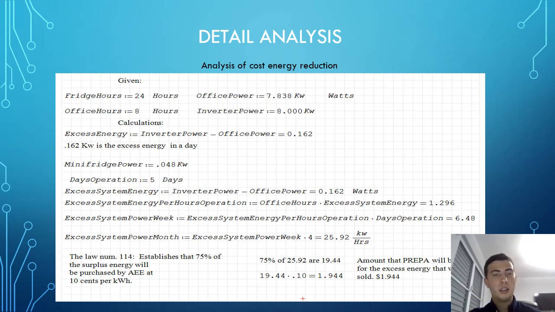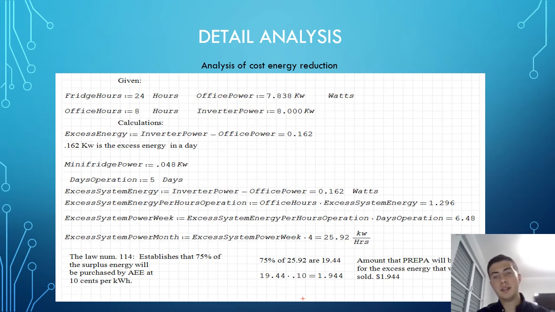And according to Law number 114, 75% of the surplus energy will be purchased by AEE at 10 cents per kilowatt hour.